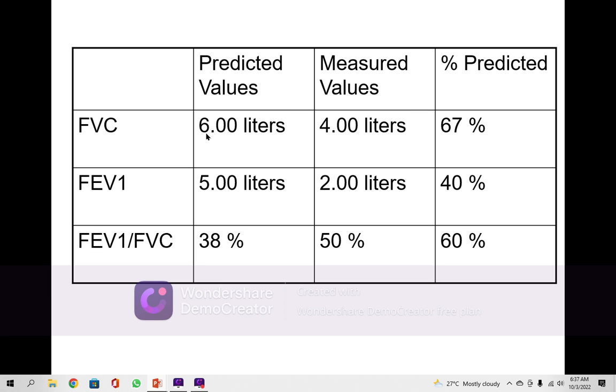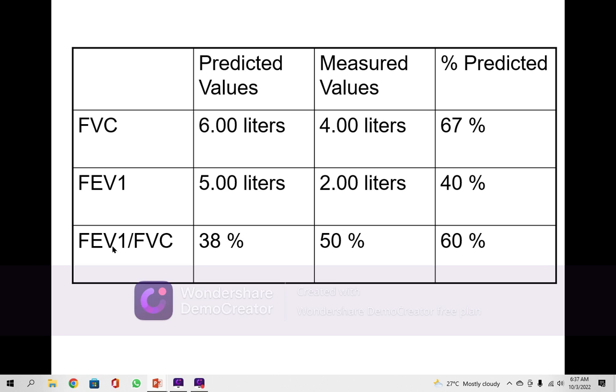The predicted forced vital capacity is 6 liters, and the measured value of the patient is 4 liters. It is reduced to 67%. Forced expiratory volume in 1 second, predicted value was 5 liters, reduced to 2 liters, which is 40% of prediction. So it is reduced.